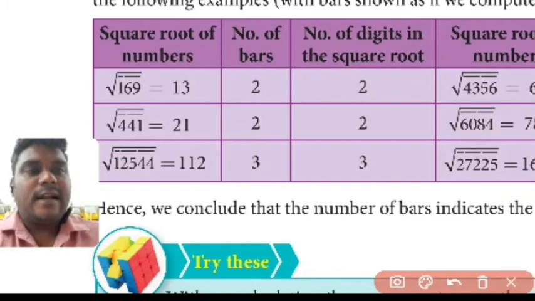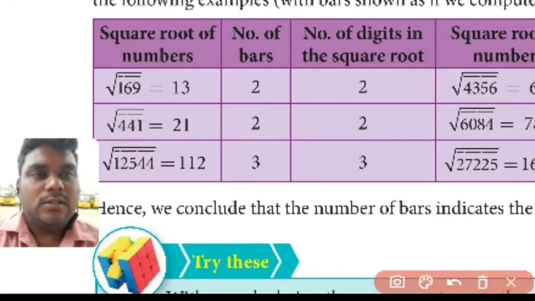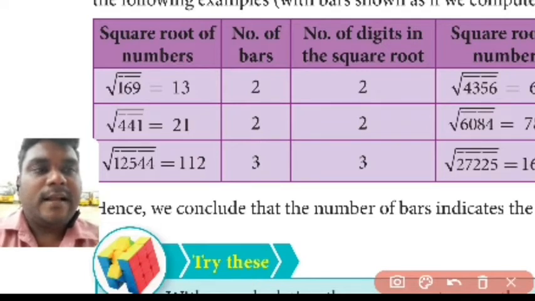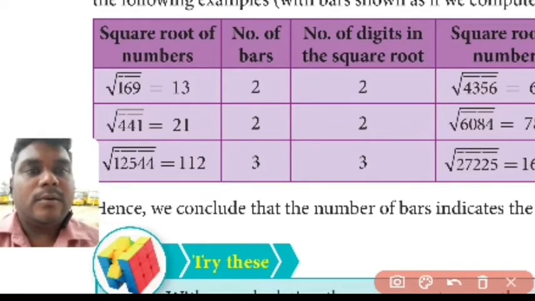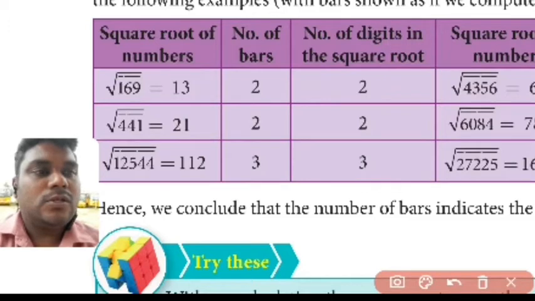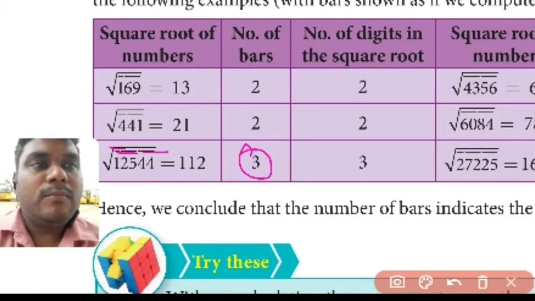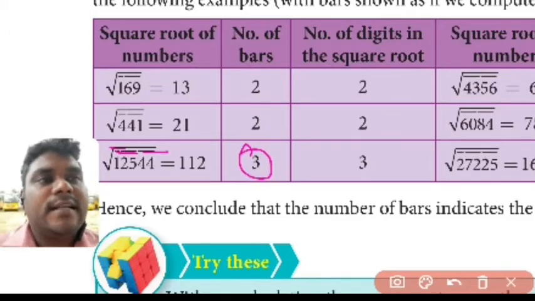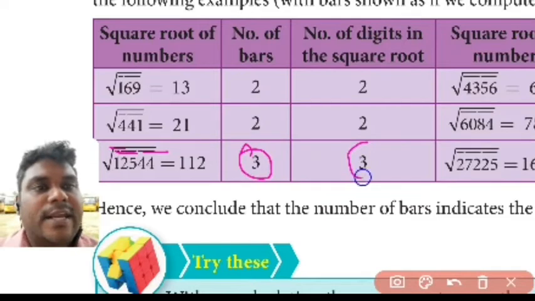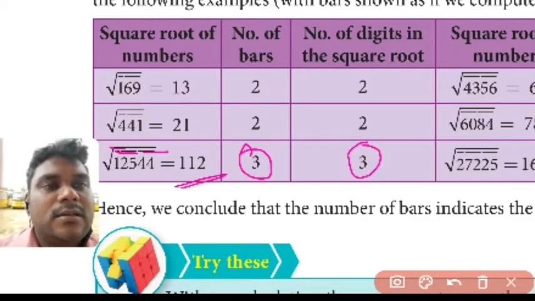There are 5 digits. So we take 2 periods. So we put bars: 1, 25, 44. There are 3 bars. So therefore the number of digits in the square root is 3. So here the answer is 112.